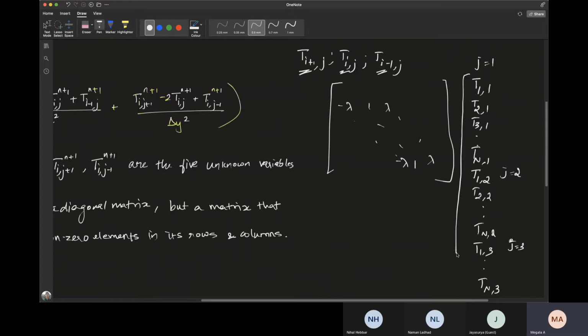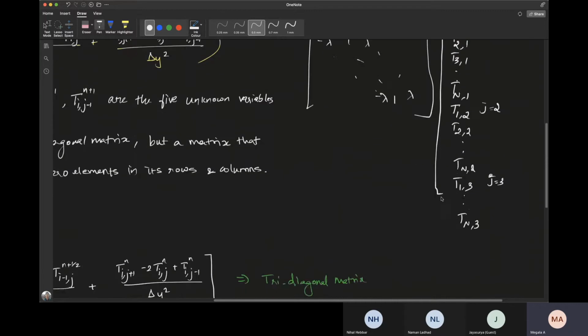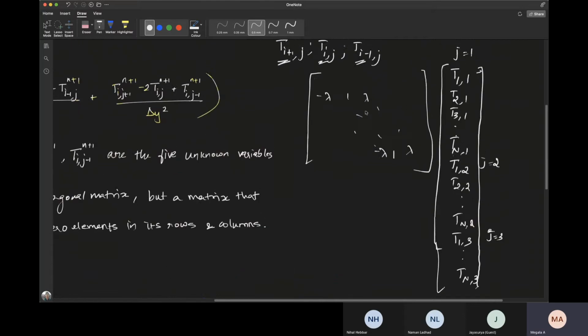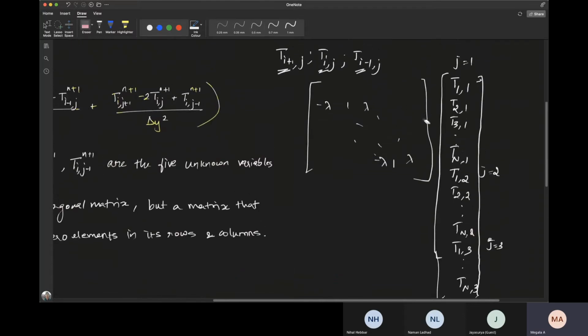Now since we are fixing j and then doing this arrangement, this will be our unknown vector, and the known vector is going to be something like this everywhere, except for the ones corresponding to this and this.